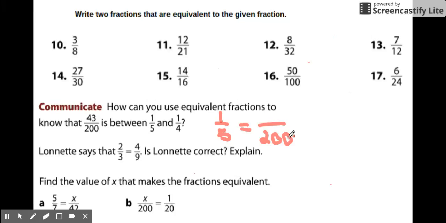All right, 40. So to get 5 to be 200, you have to multiply by 40, which means you have to multiply 1 by 40, which is just 40. And that's taking care of the 1/5. Now we've got 1/4.